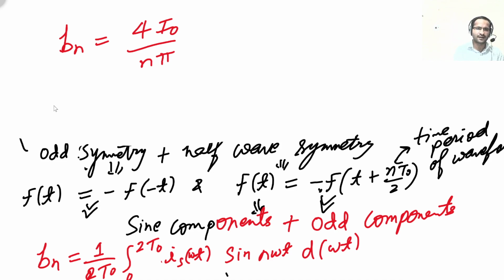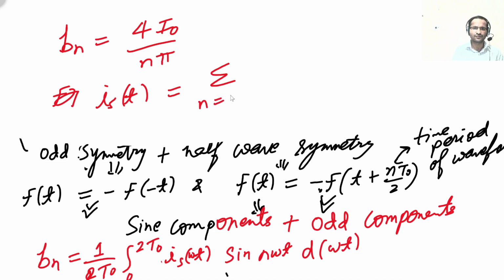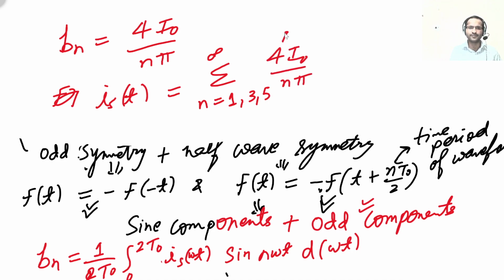So now if we again write the previous equation of is(t), a naught is 0, then n equals 1, 3, 5. Why am I taking 1, 3, 5, only odd values? Because of half wave symmetry, it is having only odd values till infinite. 4 I naught upon n pi, this is bn, sin n omega t plus phi n. Phi n is also there, some phase shifting with respect to the supply voltage.